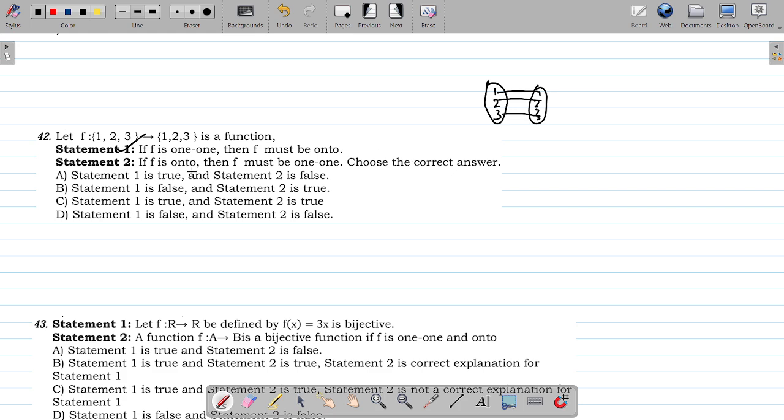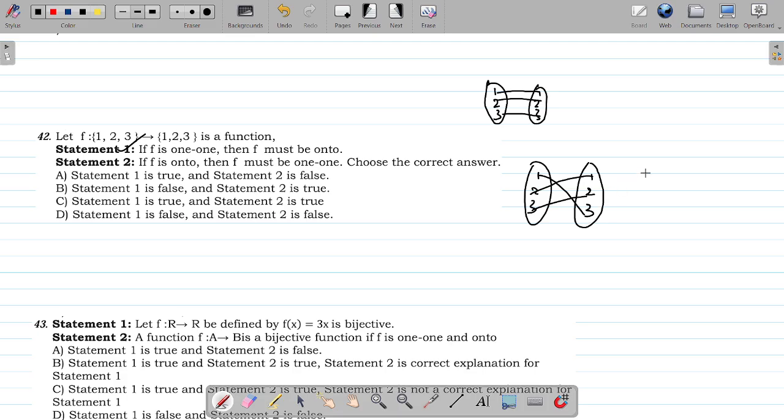Next, if f is onto, then f must be 1-1. See, f is onto, they are telling. Onto means every element in the codomain must have a pre-image, right? So either 1 relates to 2, 2 relates to 3, 3 relates to 1. Then it is a 1-1 function only.